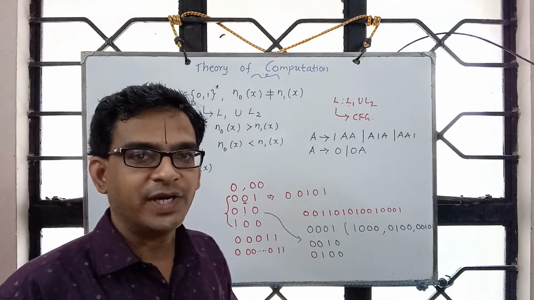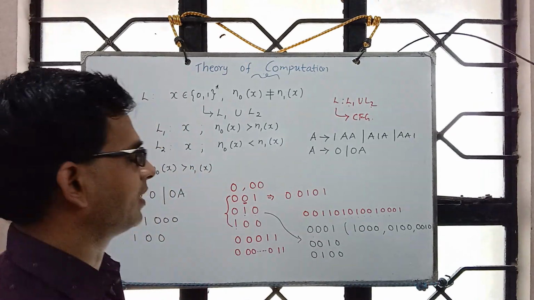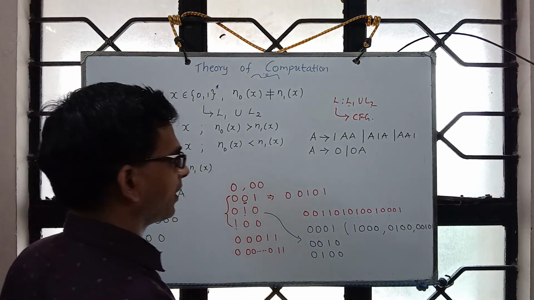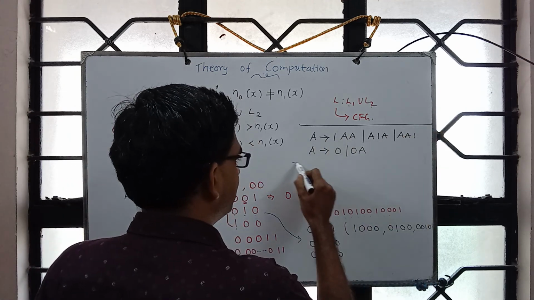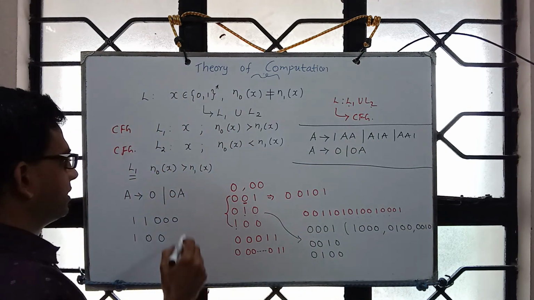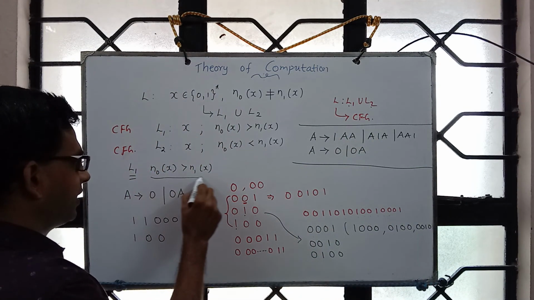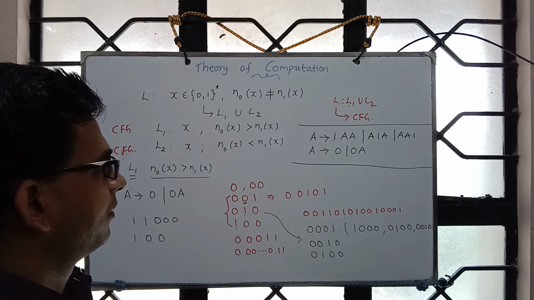For every 1, you see that at least 2 zeros are present somewhere. Now, that's all. This clearly gives you the set of strings satisfying this condition. Fine.